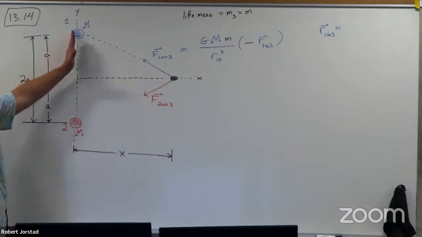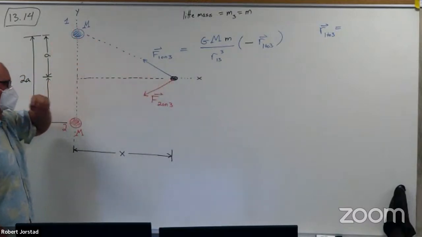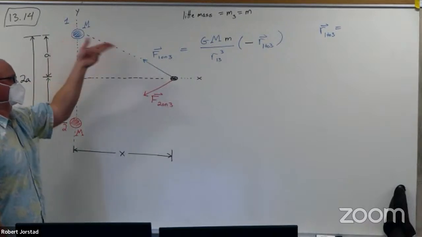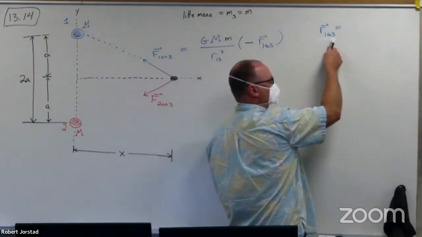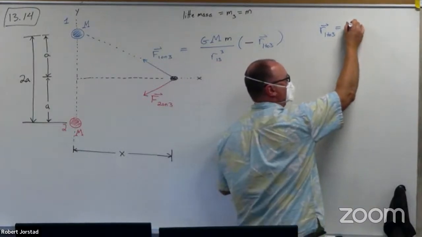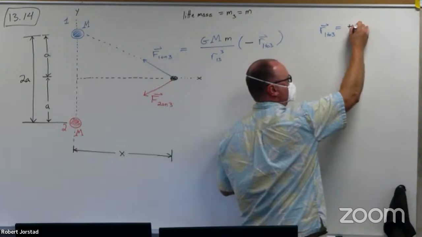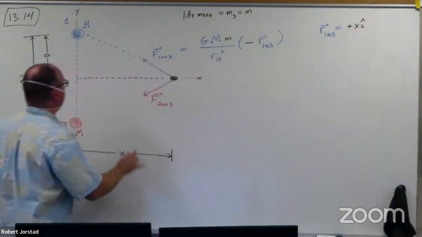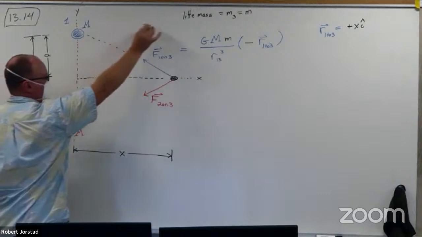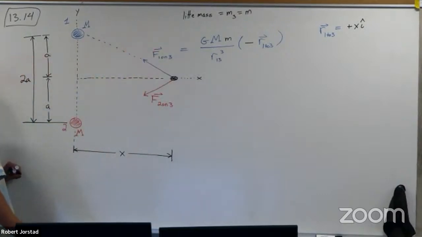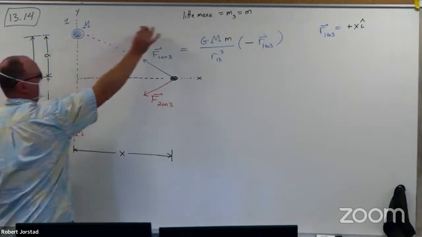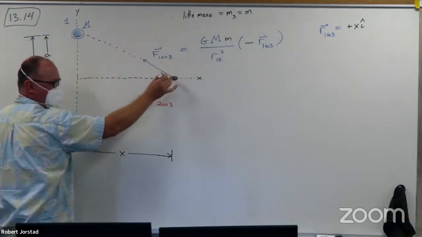If I go from here to there, how much do I have to travel in the i hat? x, positive or negative? From 1 to 3 is what? Positive x in the i hat. I'm going from 1 this way. How about the j hat term? What's that going to be? Negative a. You go x in the i hat, negative a j hat.